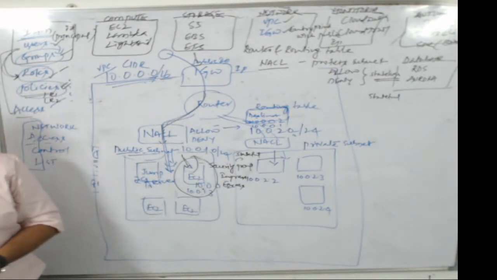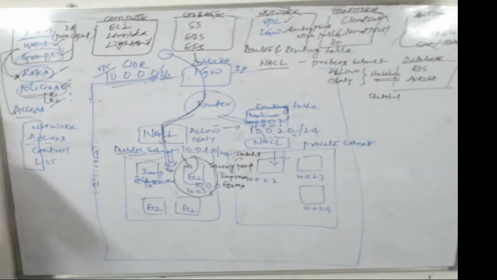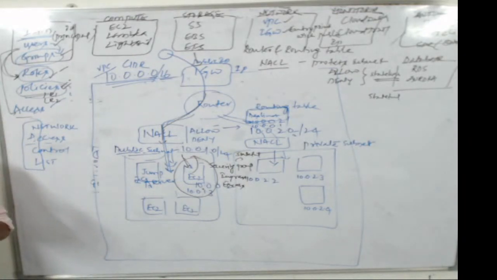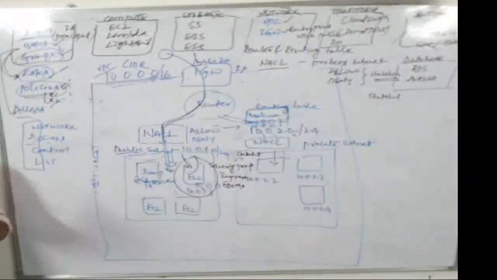So when you are allowing, you are checking whether that person is allowed or not. When that person walks out, do you still want to check whether he can walk out or not? Now that is your security group. If it is NACL, it will check. It does not remember you entering.